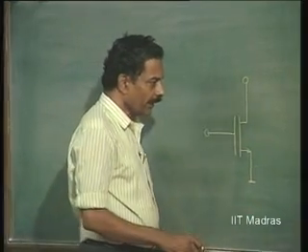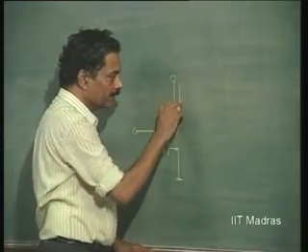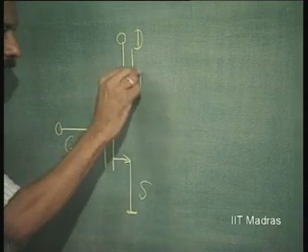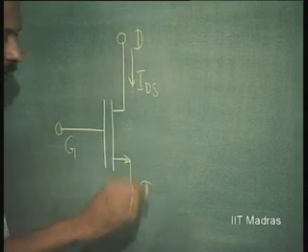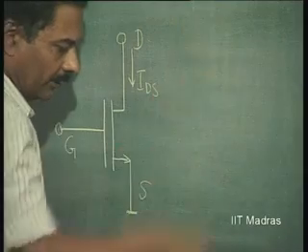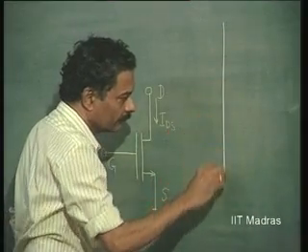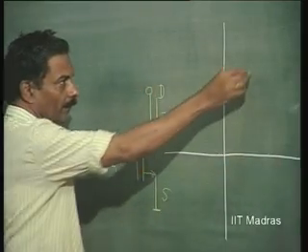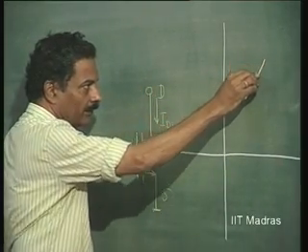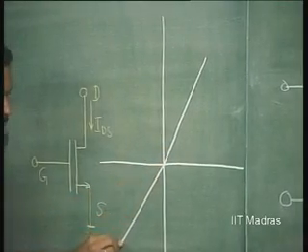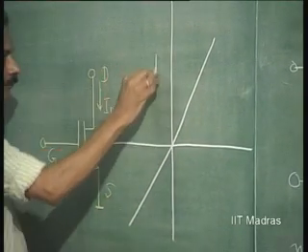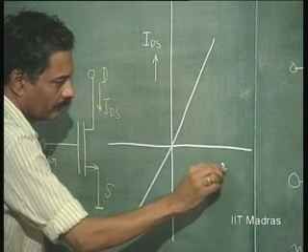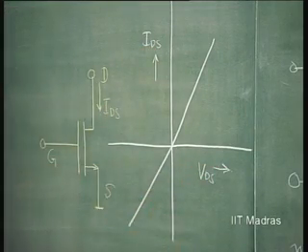Now, we know that IDS, this is the drain, this is the source, and this is the gate. The IDS versus VDS, if you plot, it is going to be linear, as long as VDS is small.